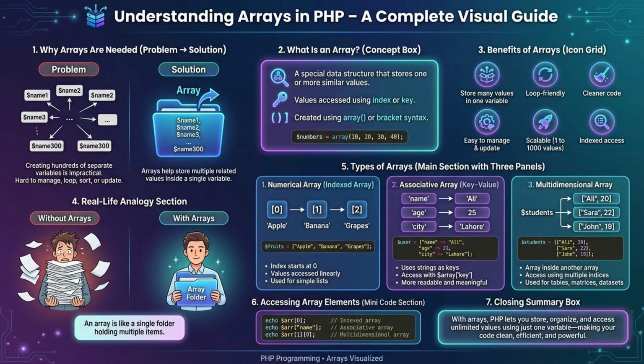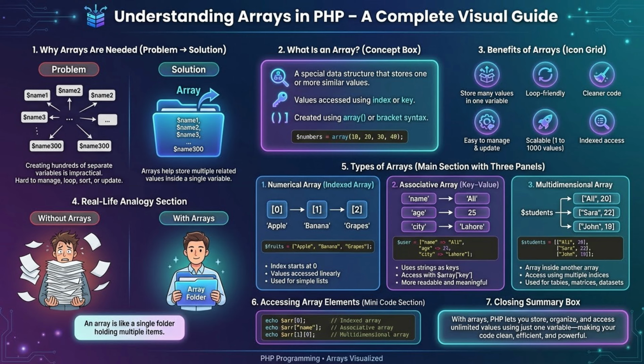This visual guide provides a complete understanding of arrays in PHP by breaking the topic into clear sections that explain why arrays are needed, what they are, the different types of arrays, and how they help us write cleaner and more efficient code. The first section highlights the core problem.